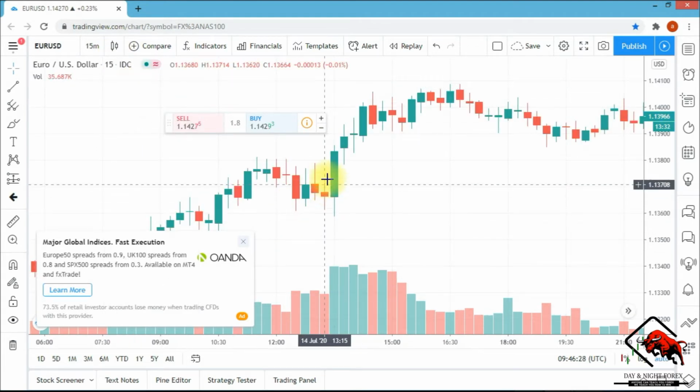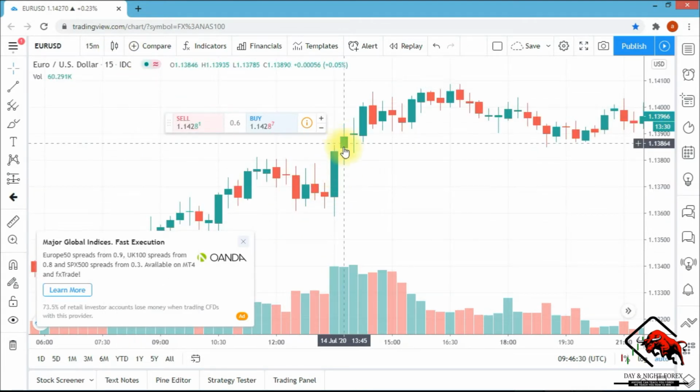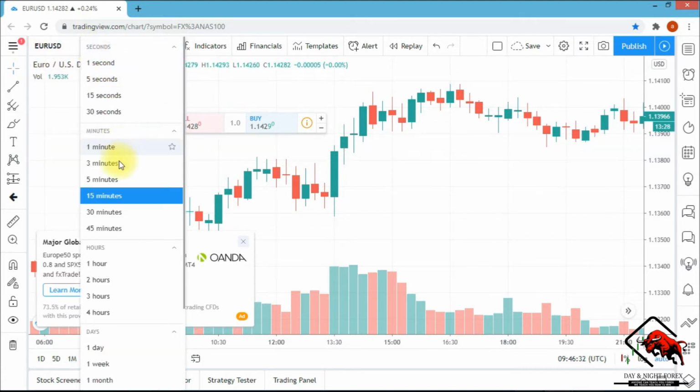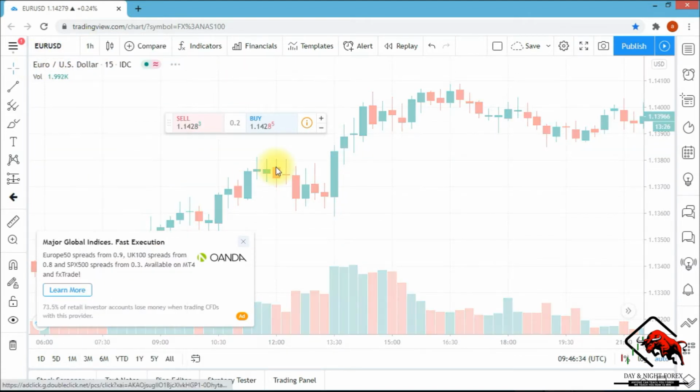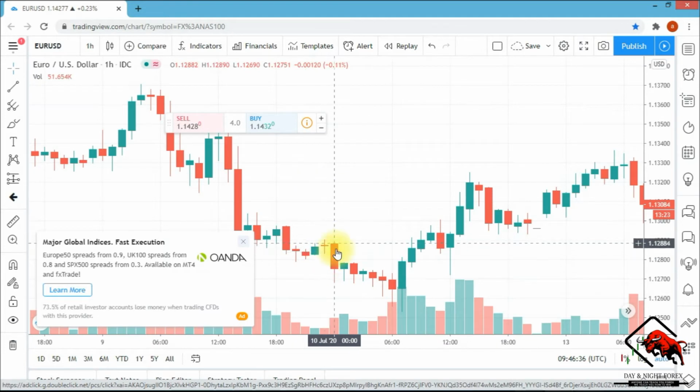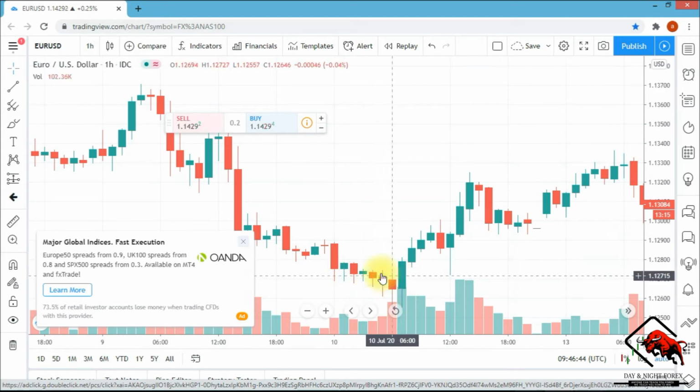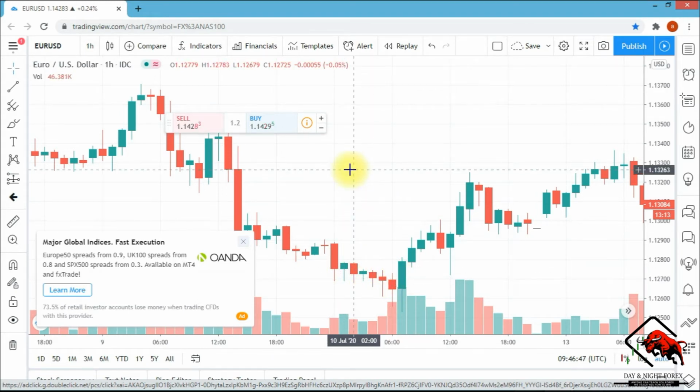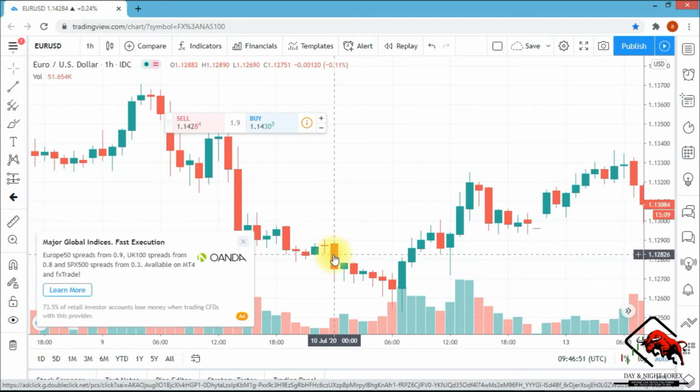Remember, as I said, each candle represents 15 minutes here on the 15-minute chart, and if we take it to 1 hour, each candle takes 1 hour from the time it opened to the time it closed, and then the next one opens. That's basically what it means when it comes to time frames. Each candle can also be broken down into a smaller time frame to really see what happened.